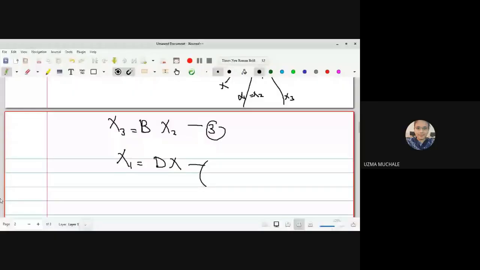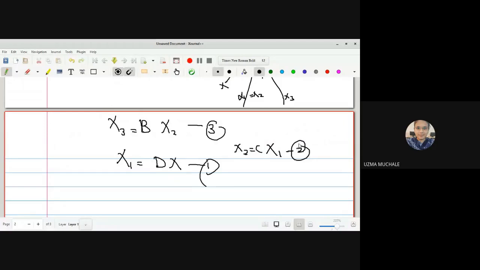The first equation we have obtained is a transformation x1 equal to some matrix A times x. This is the first equation we have obtained. Next equation we have obtained is x2 is equal to some matrix C into x1. This is our equation 2.